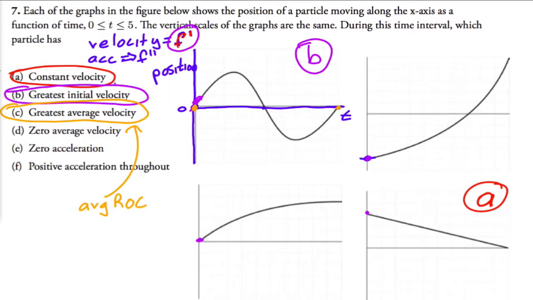So if you look at the starting and the ending points, for example, this first one has an average velocity of 0 because the slope of the secant line is 0. And if you look at the slope of the secant line here, and here, and this one, you would say, well, the steepest line, the greatest average velocity, is going to have to be this one right here. So I'm going to call this one C.